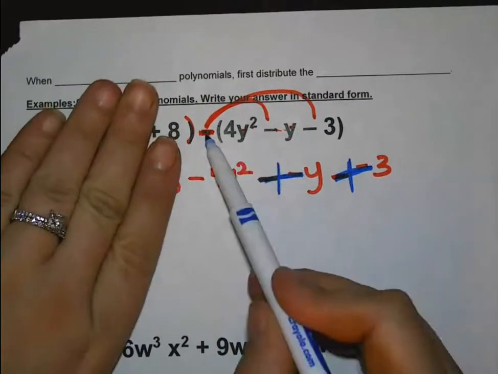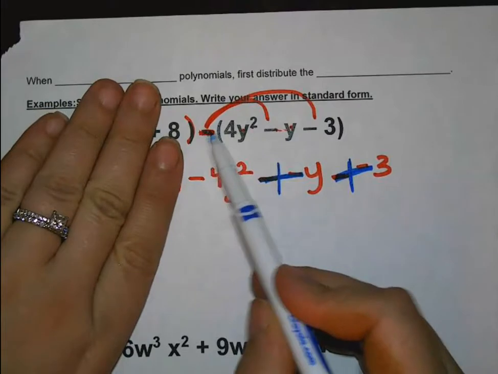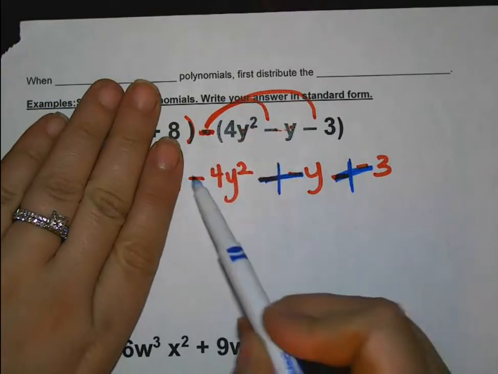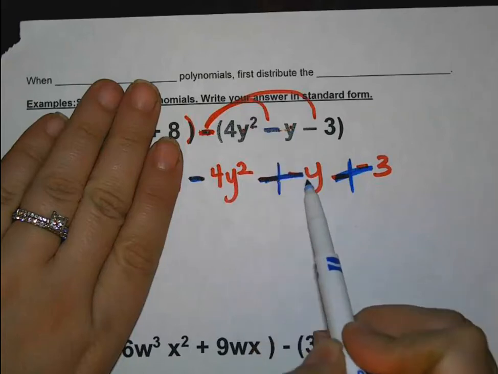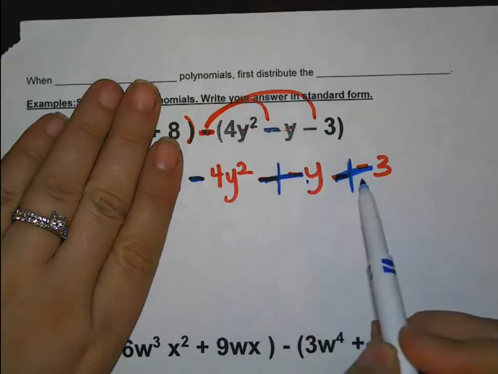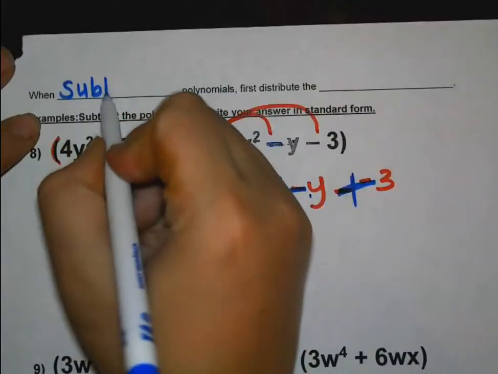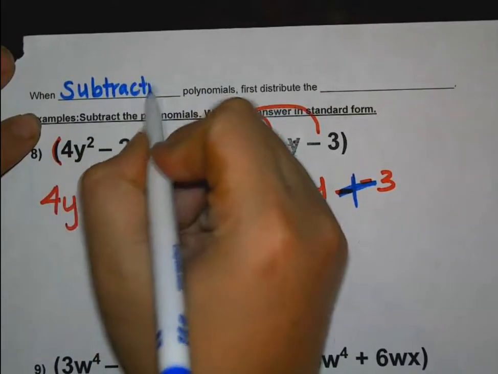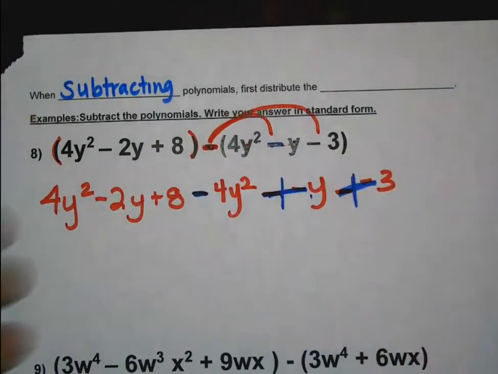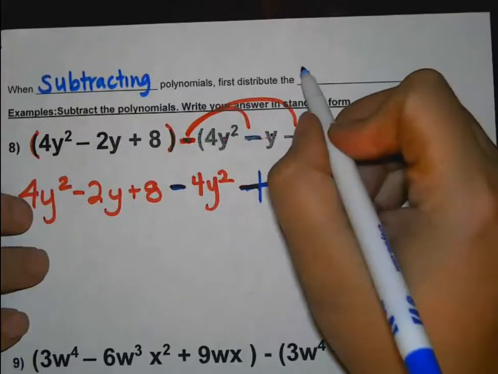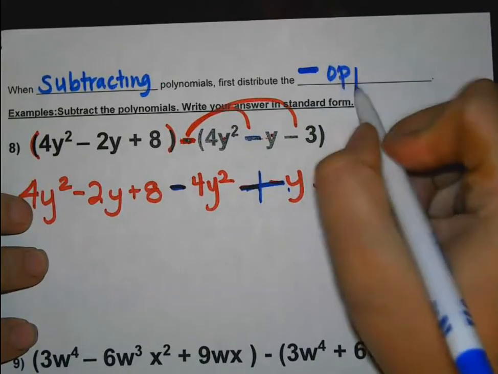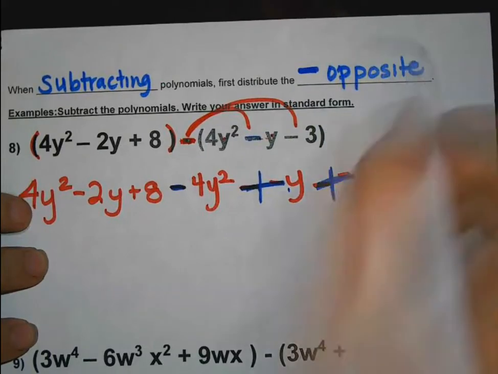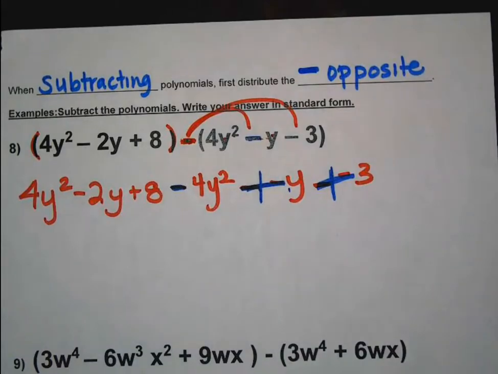So do you notice when there's just a minus in front, instead of 4y squared, now you have -4y squared. Instead of a minus y, a plus y, and instead of a -3, a plus 3. So when you are subtracting polynomials, you have to distribute the negative first. So remember, it means opposite. Make everything in the parenthesis after it opposite signs.